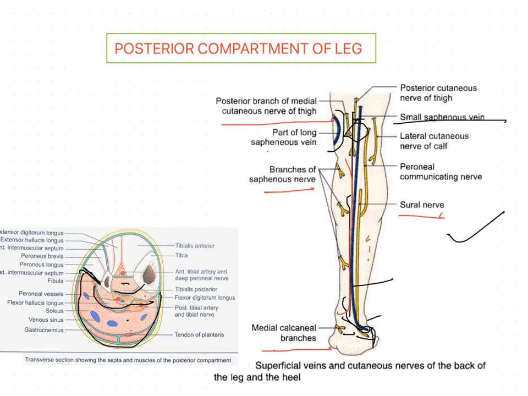On the lateral aspect, we can see another cutaneous nerve of the calf, the lateral cutaneous nerve of calf, and also the posterior cutaneous nerve of thigh, which can be seen at the center. These are all the cutaneous nerves seen in the superficial fascia of the posterior compartment of the leg. In the next session we are going to discuss the flexor retinaculum.